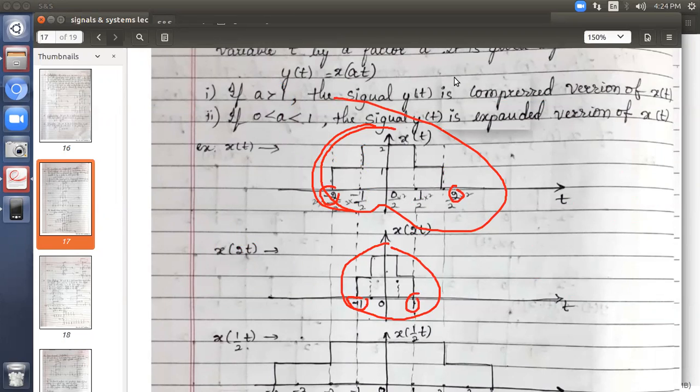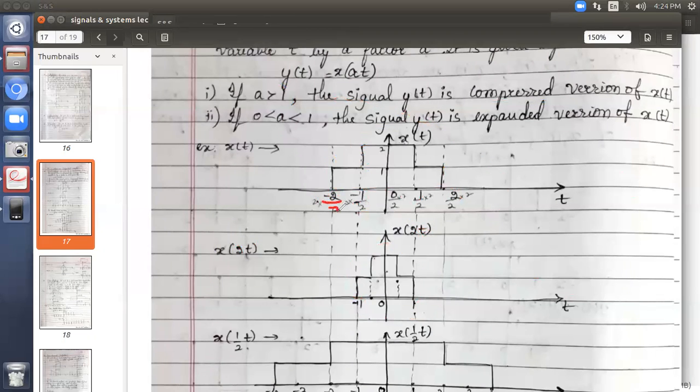How did we get this compression? By dividing each time value by this A, which is given as 2. So whatever time is there, you just divide each time value by 2, and whatever value you get, you put that as your time here.